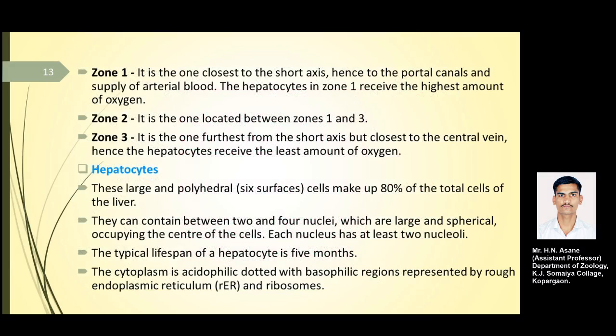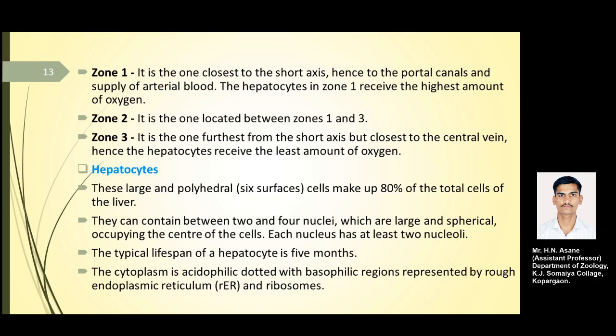Hence the portal canals and the supply of arterial blood are more at zone 1, at the peripheral outer locations. The hepatocytes in zone 1 receive the highest amount of oxygen.